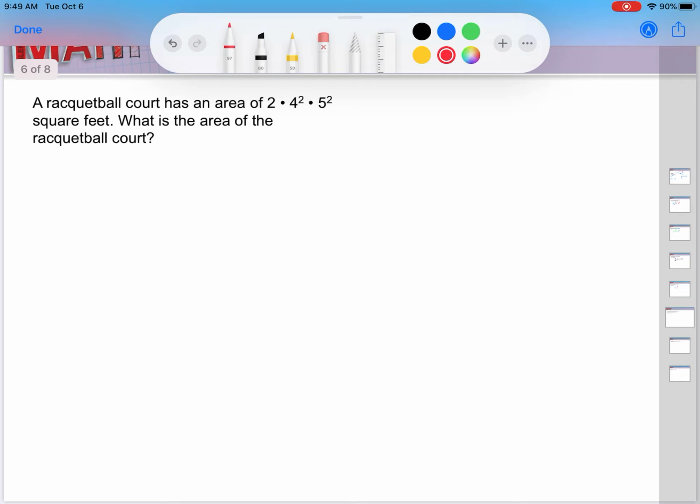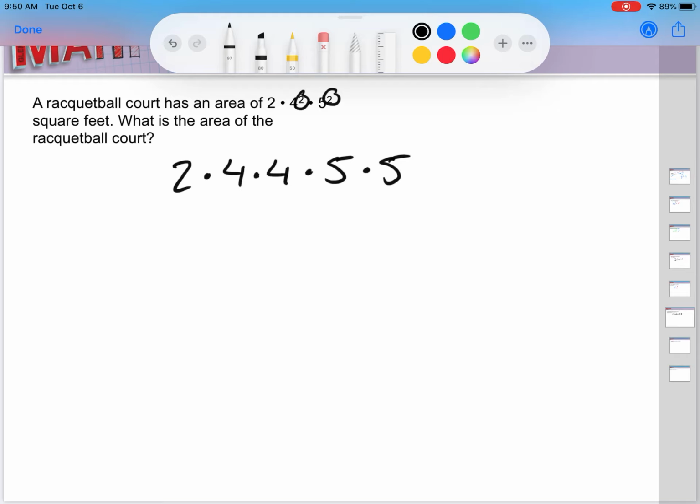Not wildly terrible, huh? So a racquetball court has an area of 2 times 4 squared times 5 squared square feet. What is the area of the racquetball court? So now I could write this out, and I could say 2 times 4 times 4, since there's 2 4's, times 5 times 5, since there's 2 5's.